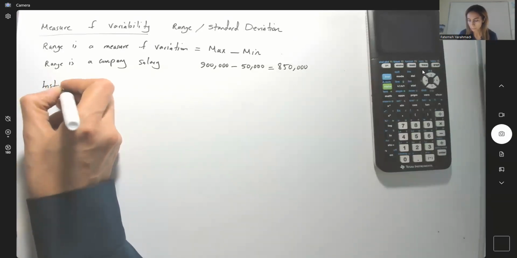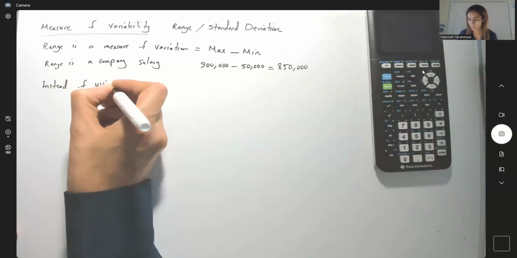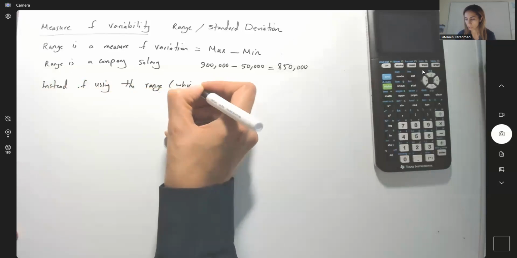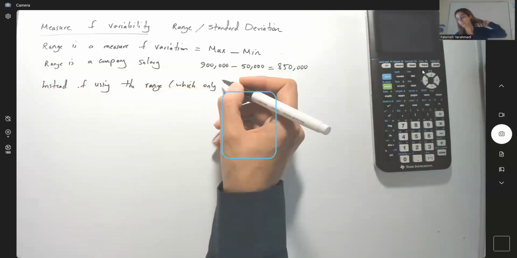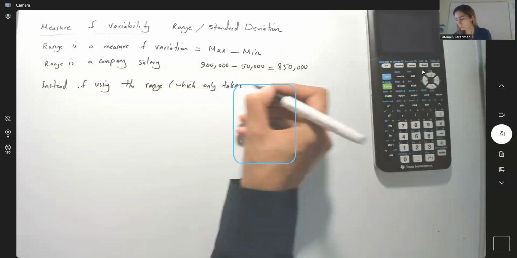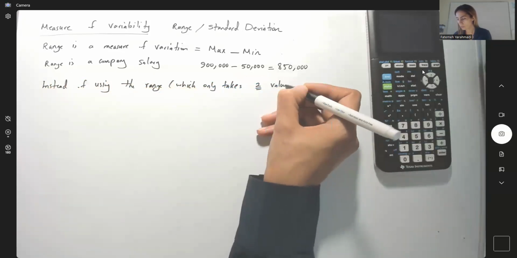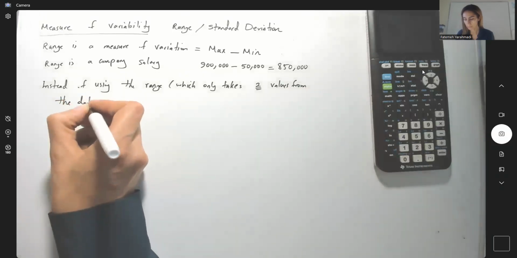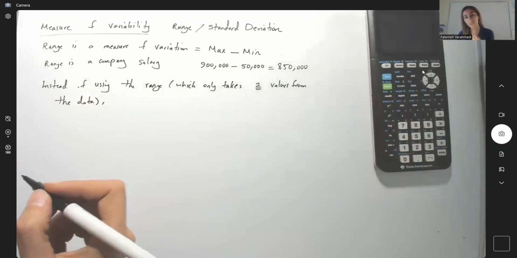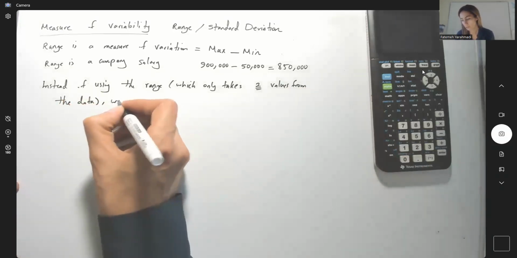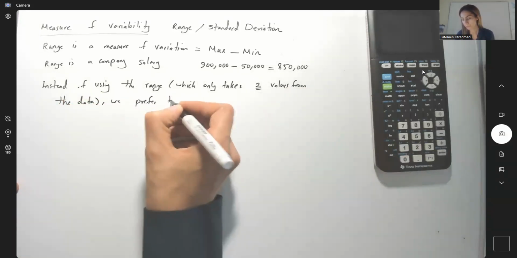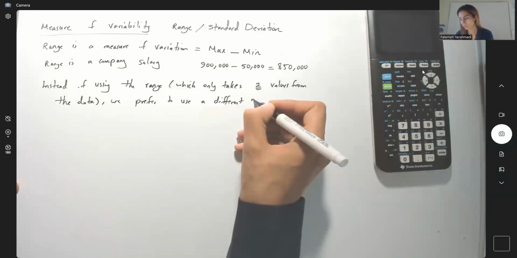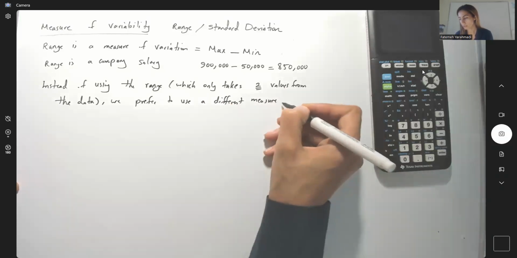So instead of using the range, which only takes two values from the data, as statisticians we prefer to use a different measure. Like what? Like the standard deviation.